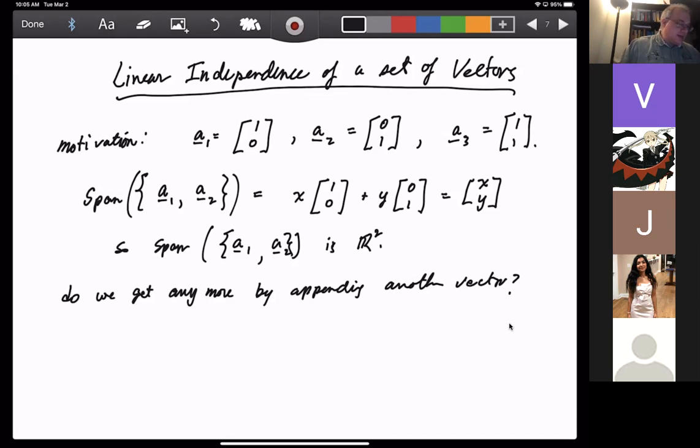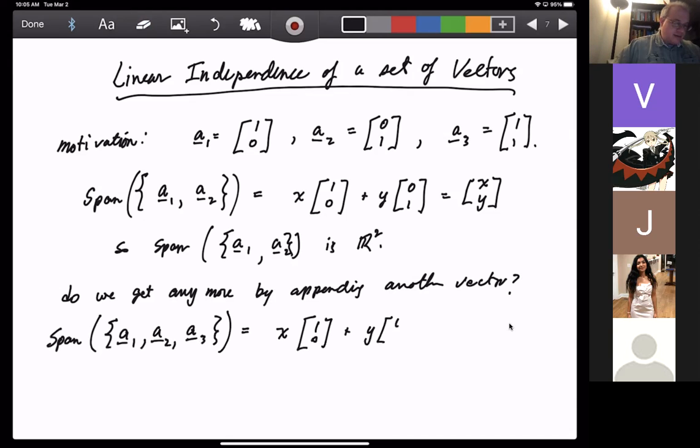So let's look at the span of those three vectors. Right, so that's the set like this.